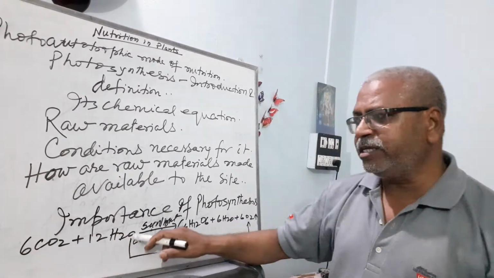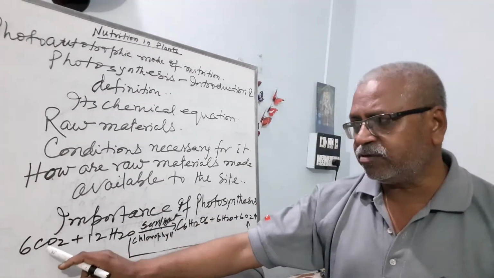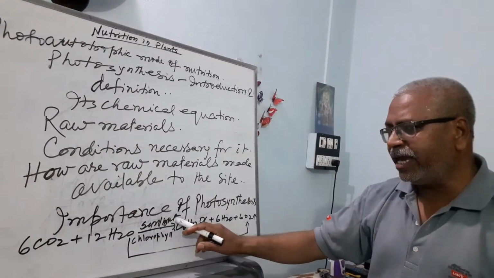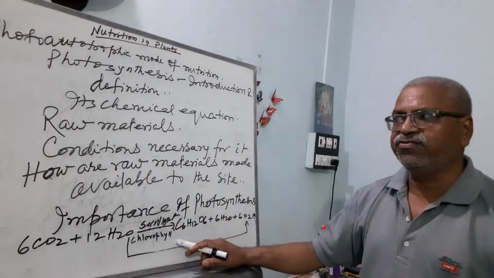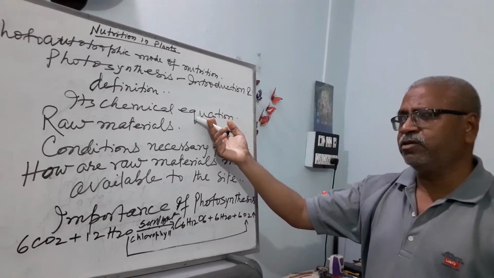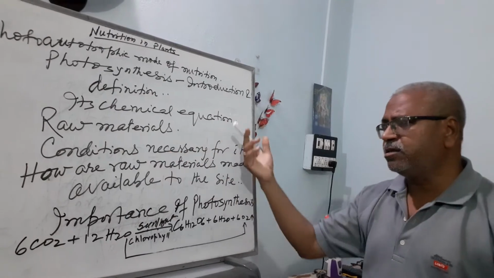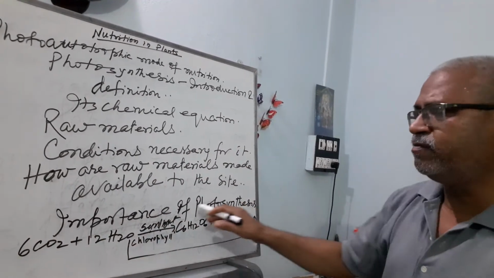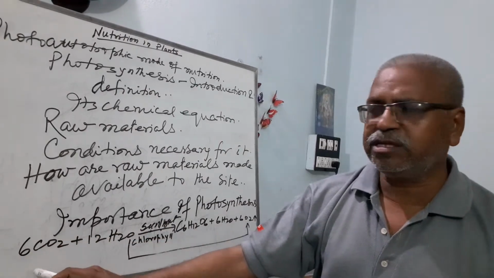In addition to these raw materials, that is CO2 and water, the other conditions are sunlight and chlorophyll. These are two different questions: what are the raw materials for photosynthesis, and what are the conditions for photosynthesis.